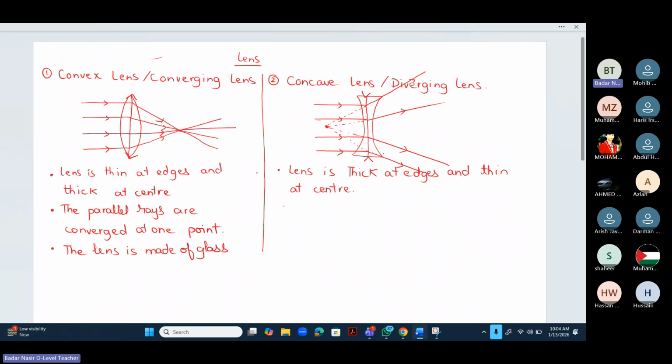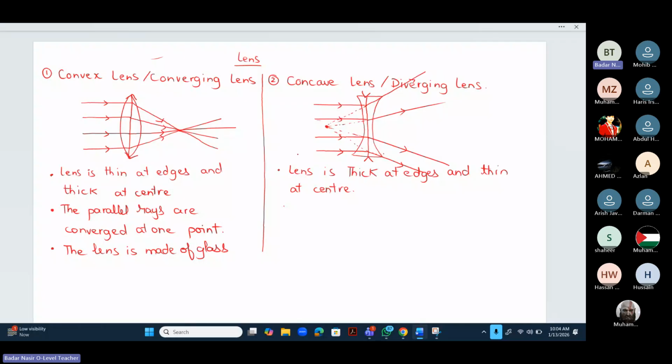So you can see the parallel rays of light are diverged, or they spread out.